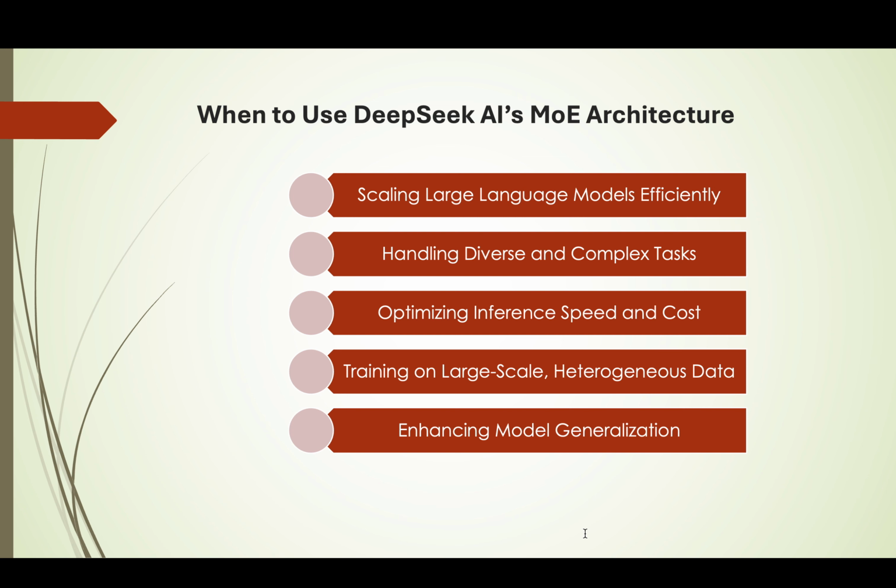If we go into detail, scaling large language models efficiently: MoE enables massive models like 100 billion plus parameters to be trained and run efficiently by activating only a subset of total parameters per forward pass.